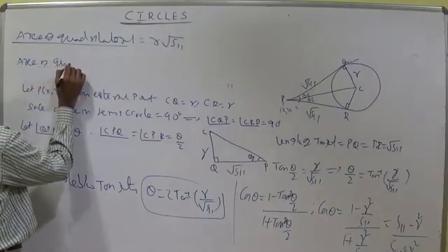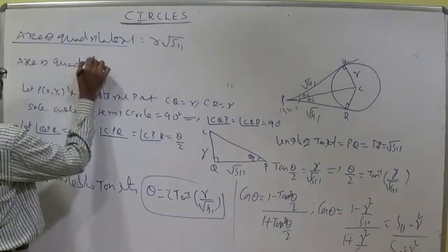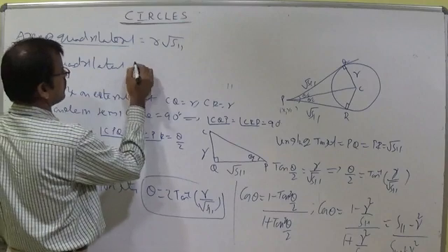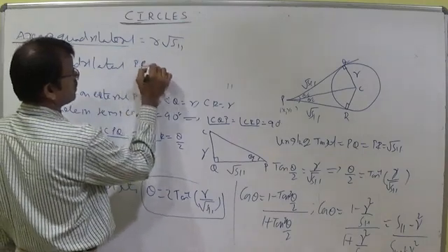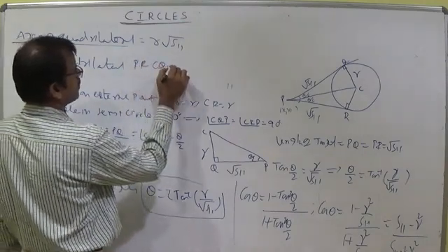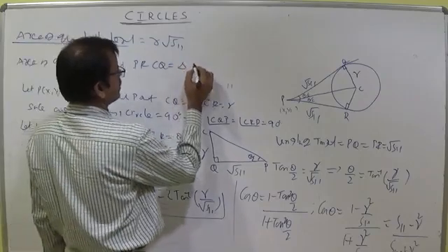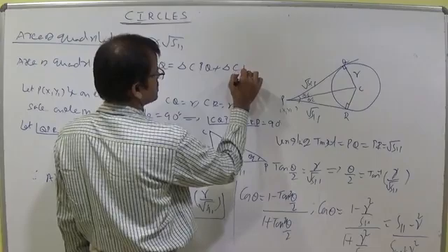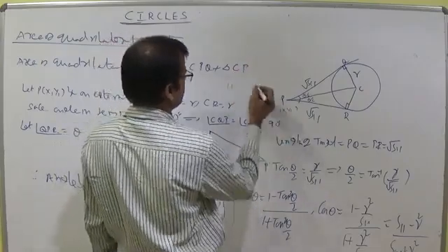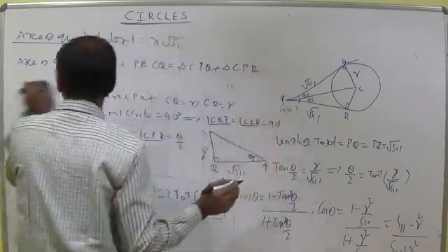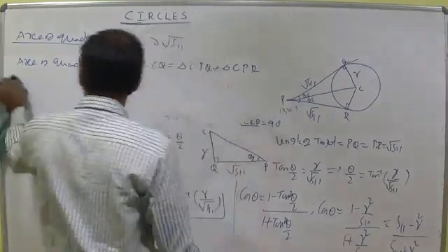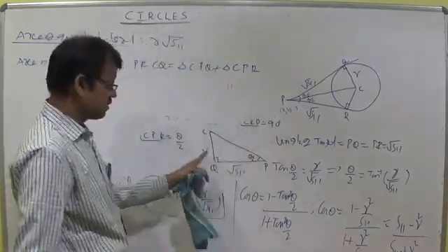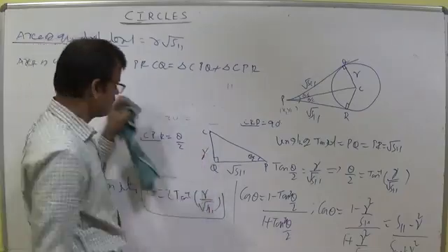Area of quadrilateral PRCQ is equal to delta CPQ plus delta CPR. These are two triangles. What is the area of a triangle using base into height? You observe this triangle.